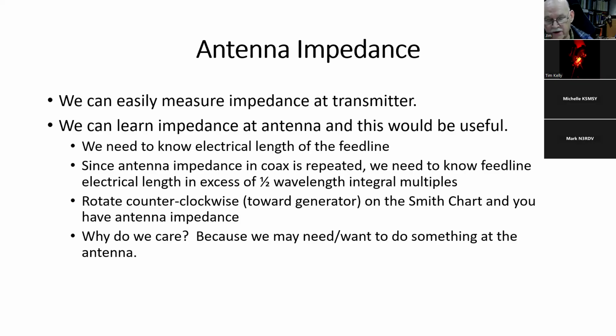One reason is that additional loss. Another reason is if you're running 1500 watts, that additional loss is going to generate a whole lot of heat in your coax. And gee, I wonder how long that's going to last. So that's why we might care.